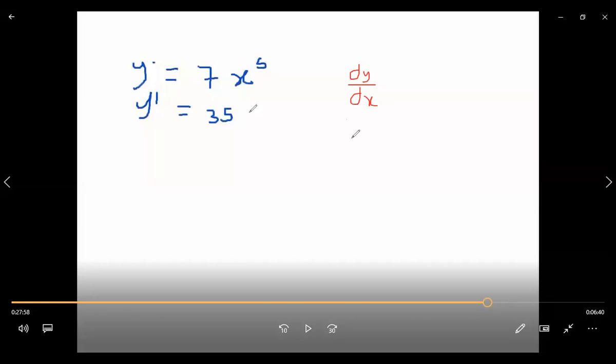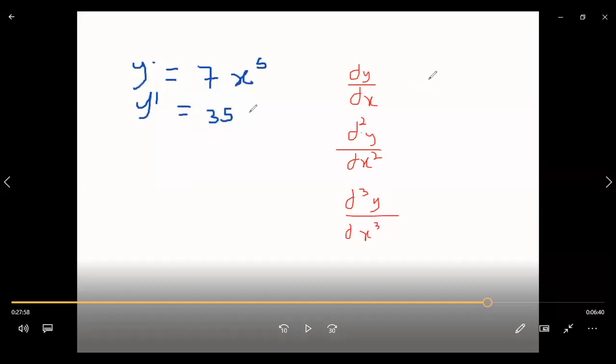Now we can have a second derivative, third derivative, fourth derivative. The second derivative is written as d squared y over dx squared. The third derivative will be d cubed y over dx cubed, and so on and so forth.